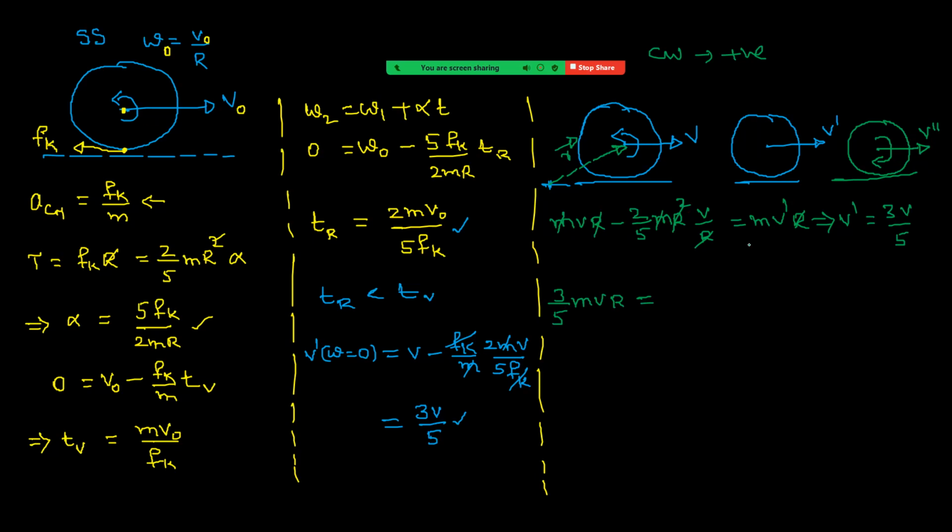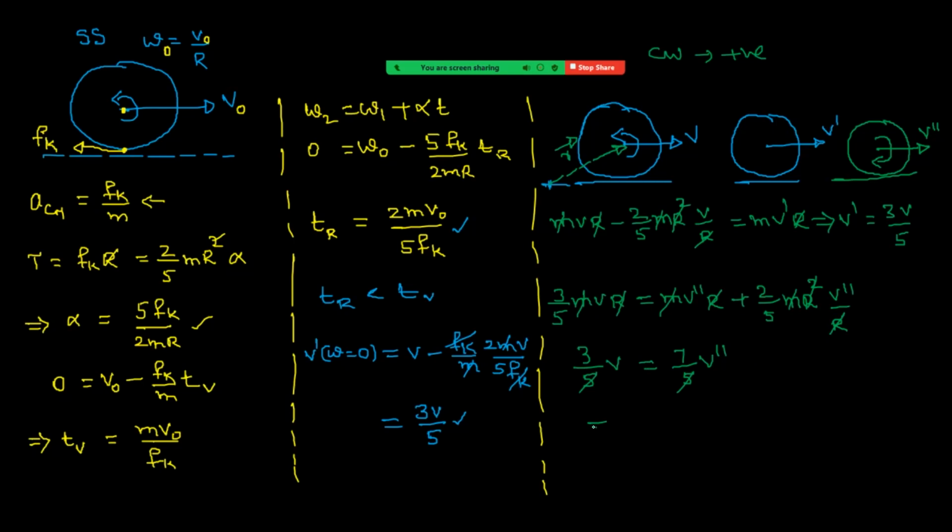Because of translation, it is again clockwise, m v double dash R. Rotation is also clockwise, so plus I omega, 2 by 5 m R square omega, where omega is now v double dash by R. Cancelling m and R, remaining is 3 by 5 v equals 1 plus 2 by 5, that is 7 by 5 v double dash.